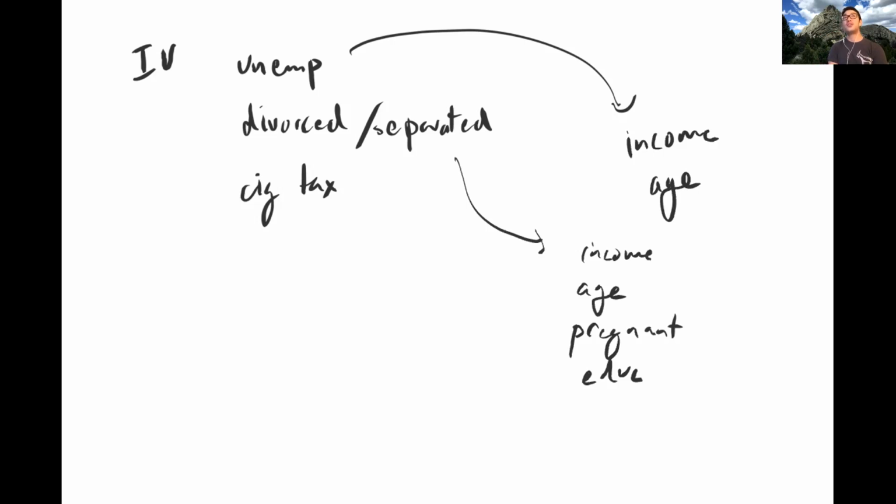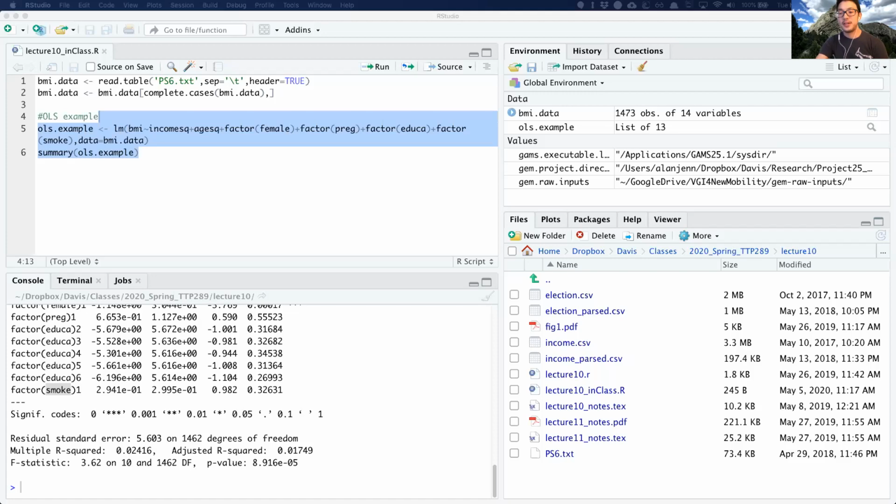The decision or indifference between cigarette taxes at the state level is likely not related to any of these individual attributes. And so we might say, okay, this is actually a good instrument. And so these are the things that you should be considering as you select variables to instrument.